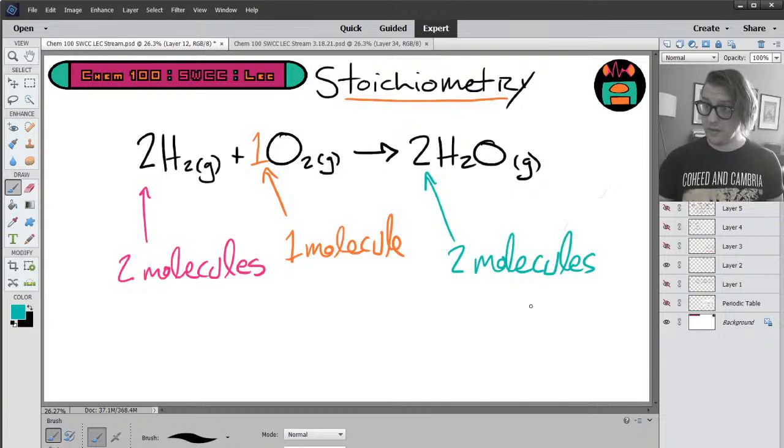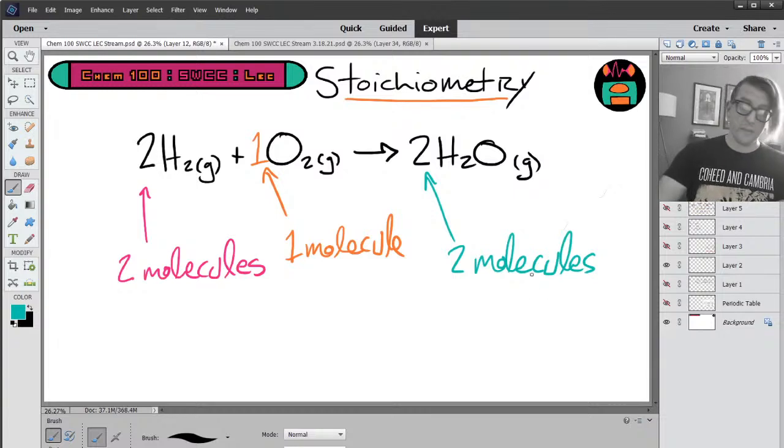That's one way we could read this chemical equation. 2 molecules of H2 react with 1 molecule of O2 to produce 2 molecules of H2O.